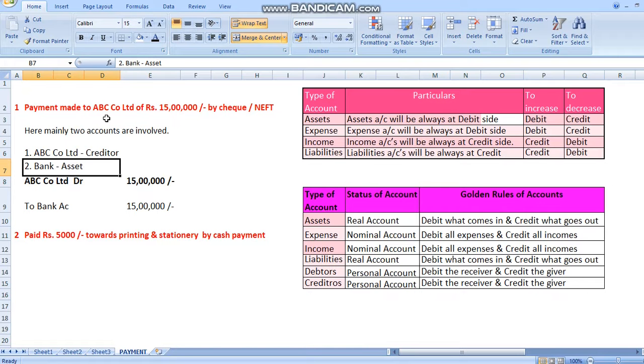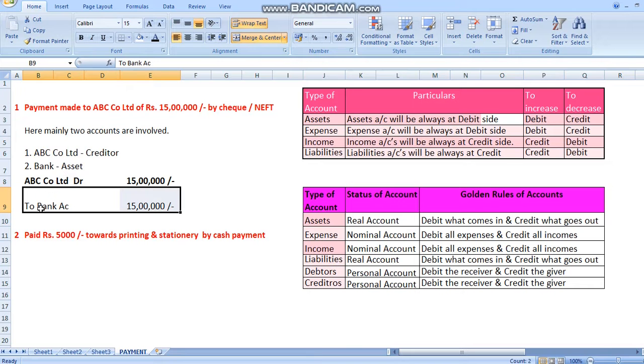Bank comes under asset. So for asset, if you see here, debit what comes, credit what goes. So balance is going, some amount is going from the bank account, so we have to credit the bank account here. So we have credited the bank account. Hope it's very clear.